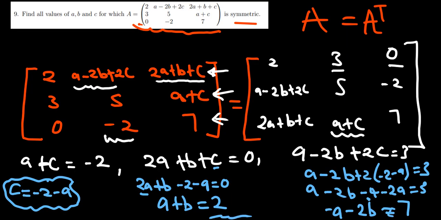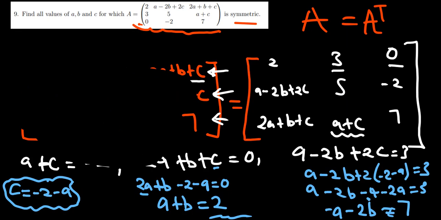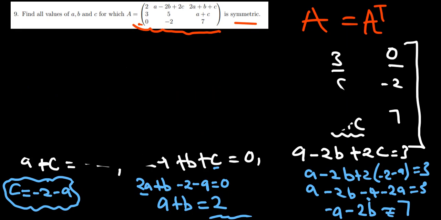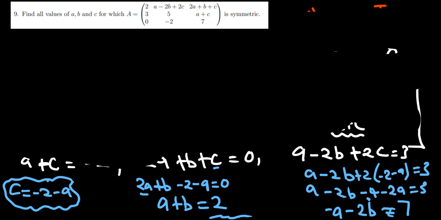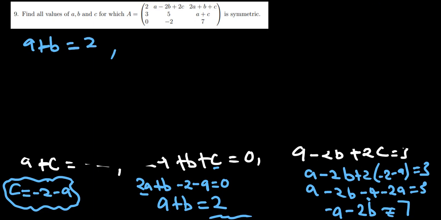So let's clean up the top part. We have a plus b is equal to 2, and then we have minus a minus 2b is equal to 7. So let's make a the subject here.